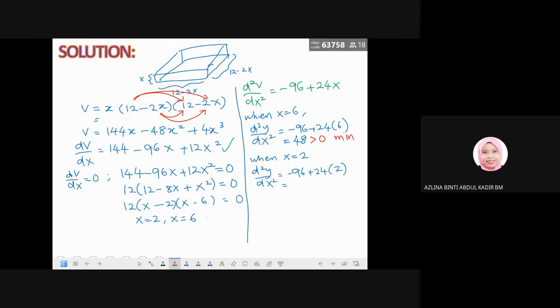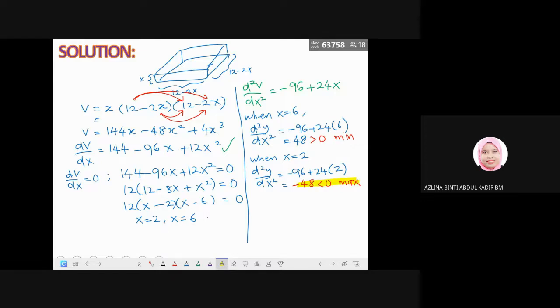We don't want minimum, right? Then, when X is equal to 2, we get negative 48. Negative 48, so we get a frown, and that means maximum. The question wants the maximum, right?